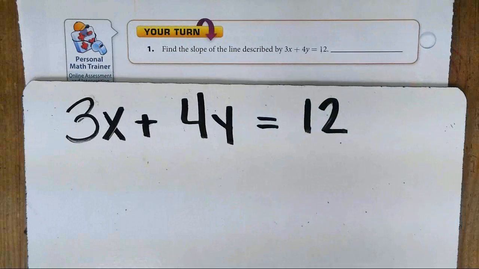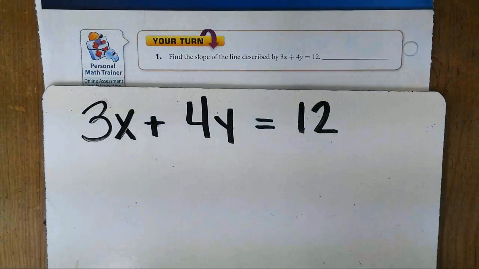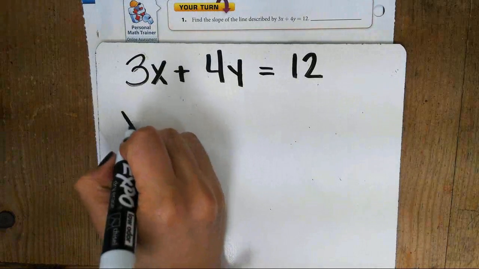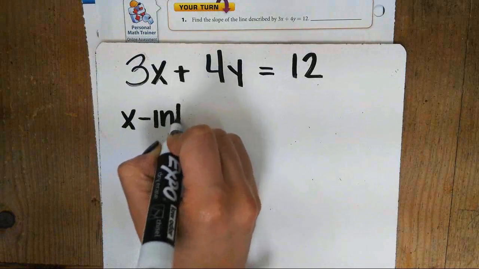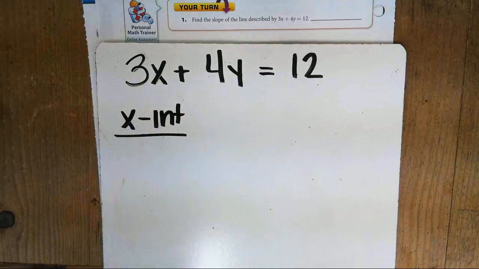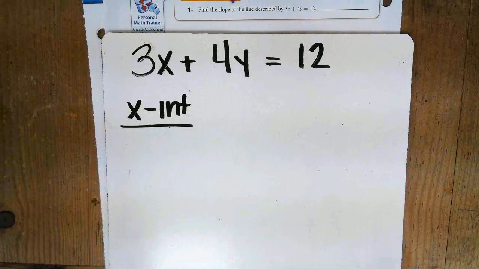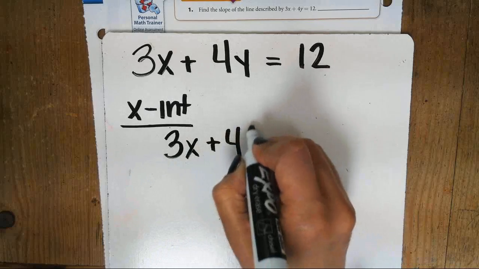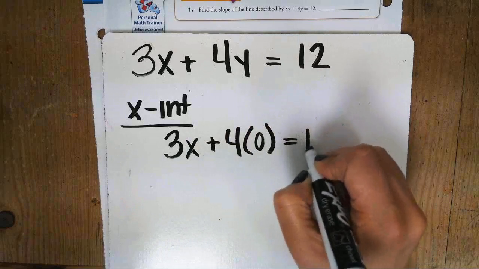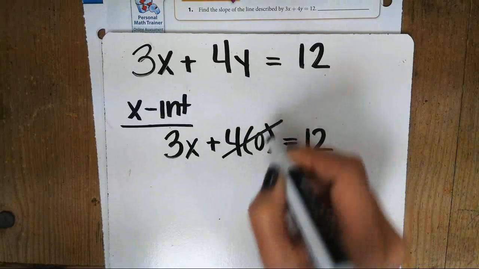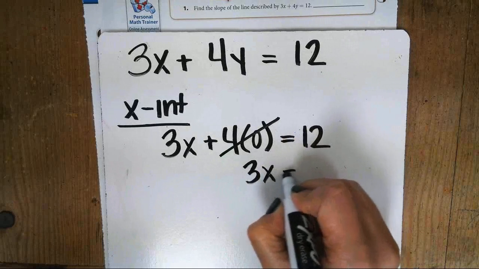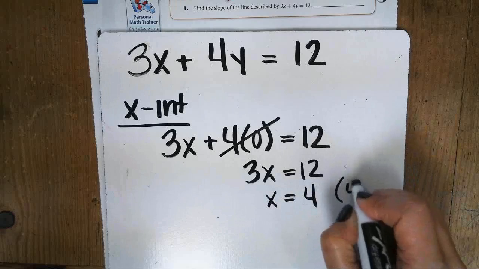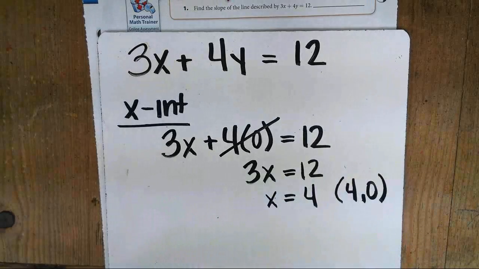Now, in your textbook, the way that your textbook solves it is by finding your intercepts first. So if I want to find my x-intercept, remember I need to make my y equal to 0. So I'm going to do 3x plus 4 times 0 equals 12. This cancels out. I have 3x equals 12 and x equals 4. So my first point is 4, 0.